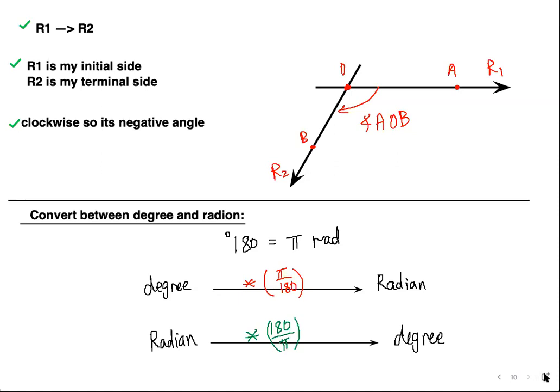Let's take an example. Number 1: express 60 degree in radian.